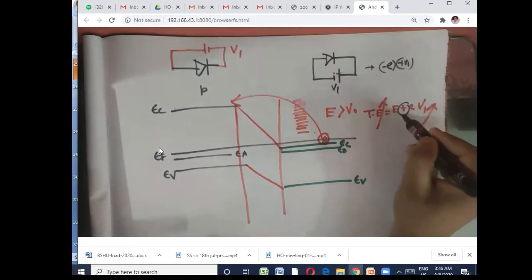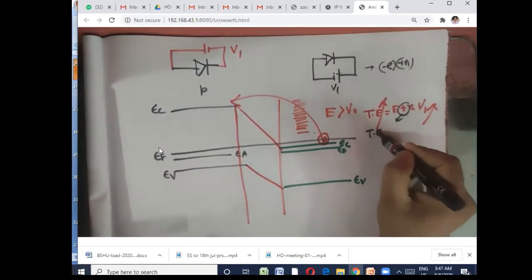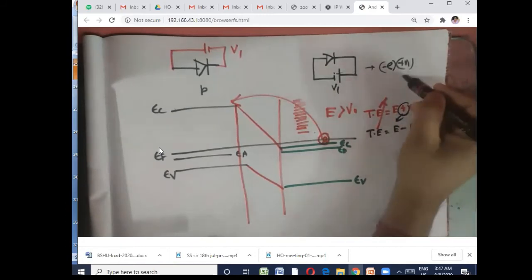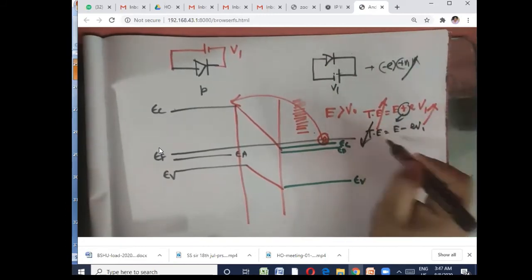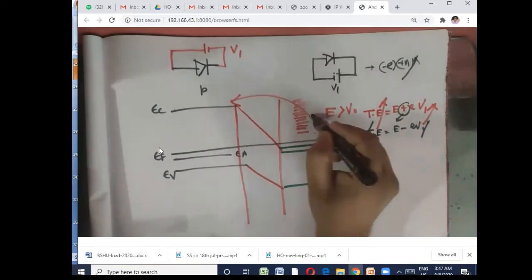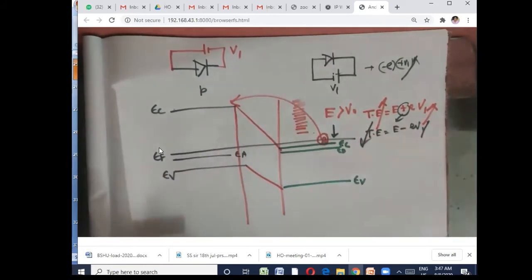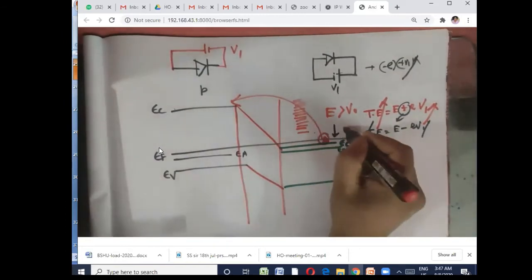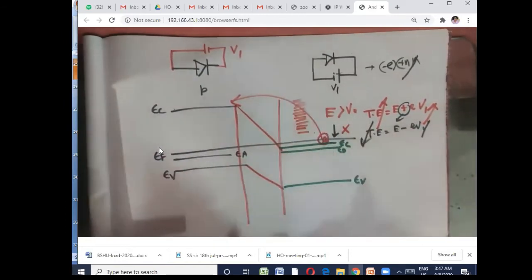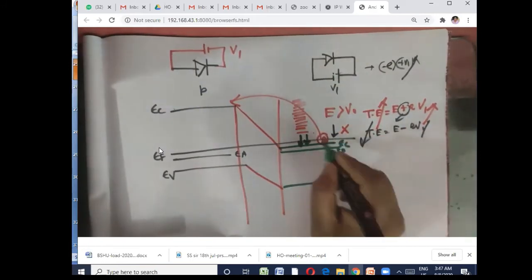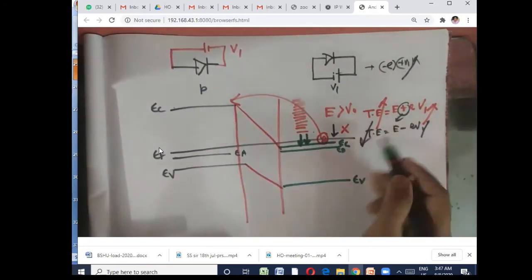So the formula is modified to E minus EV1. The more voltage you apply, the more you reduce the electron energy. You are not helping the electron; you are lessening its energy, making it less and less probable to cross the junction.